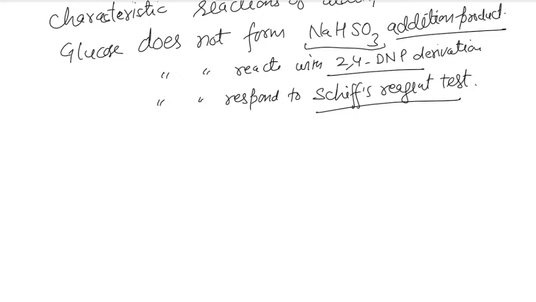Now, glucose reacts with NH2OH, that we know, and forms an oxime, but glucose pentaacetate does not react.